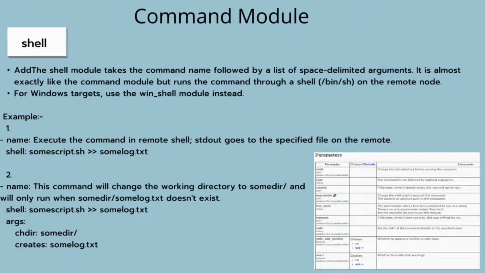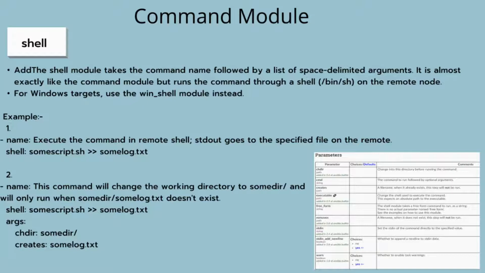Moving to the next one we discussed, the shell. If you want to execute any shell script, you use this module called shell. The shell module basically takes the command followed by a list of space delimited arguments. It is almost exactly like the command module, but it runs the command through a shell on the remote node, which we have gone through in the previous slide.